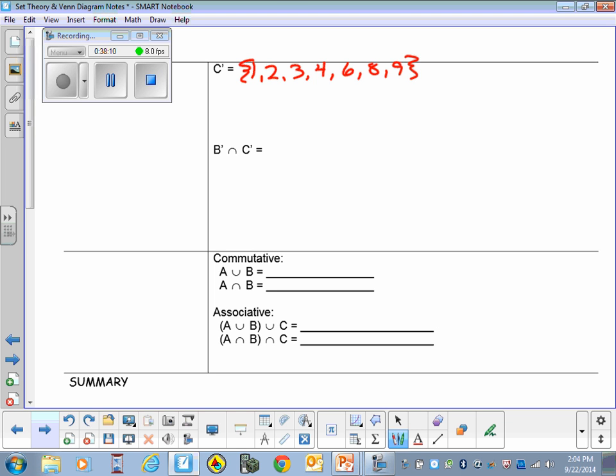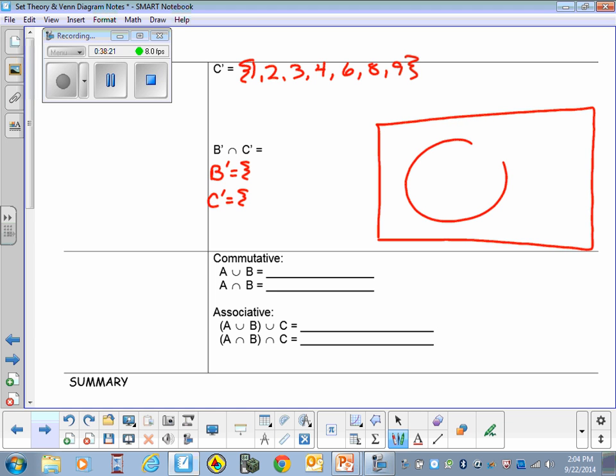My preference is to figure out what the complement of B is and what the complement of C is, and to put that in my diagram. Because I want where the complement of B overlaps the complement of C. So the complement of B was 2, 4, 6, 8, 9.